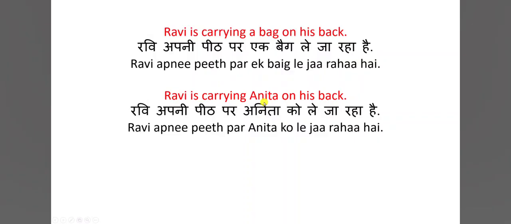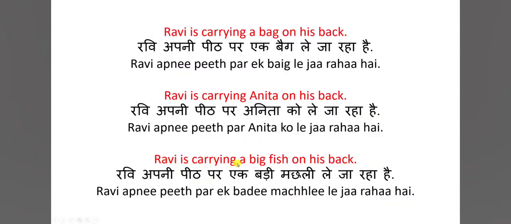When we have a human as the object of a sentence, adding ko is mandatory. It is required. There is no other option. We have to add ko. So Anita ko. Now here ko doesn't mean anything. In the English sentence it doesn't have any equivalent. But in the Hindi sentence it is required.